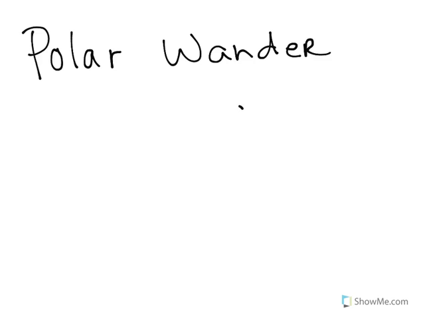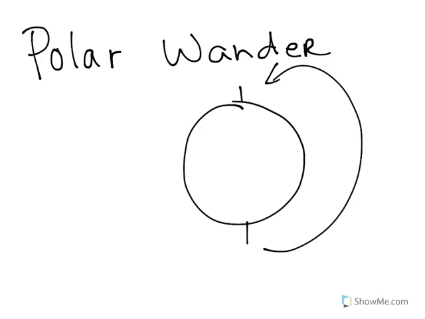So, as you've learned, the Earth itself has two poles. We have a North Pole and a South Pole. And as you've learned, it's generally due to a movement of charge, right? Now, as we've also learned, magnetic north and geographic north are slightly different, right?